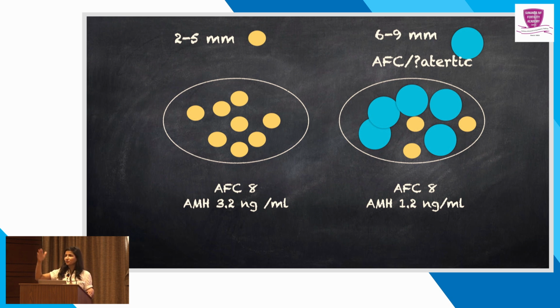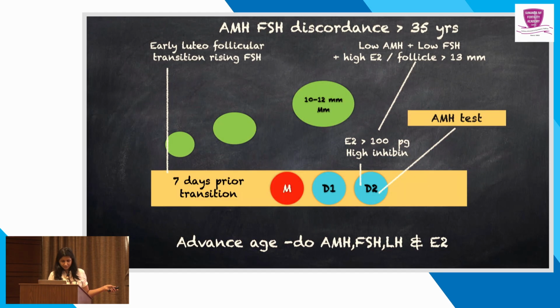As age advances, we are going to have more and more AFC and AMH discordance, because they will be having a short luteal phase. There will be a cycle of only 25 days, and their luteofollicular phase transition is going to start very early. And this is nothing but this slide, that whenever the lady is of advanced age or has a very low ovarian reserve or a short menstrual cycle, as we have learned, about 3 days before the menses the innate FSH will start rising, and that is the innate FSH recruitment of the follicle.